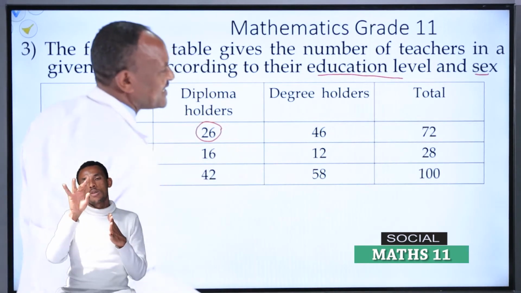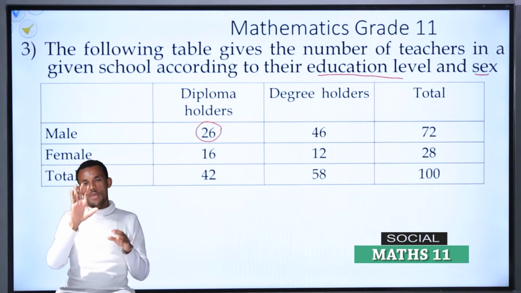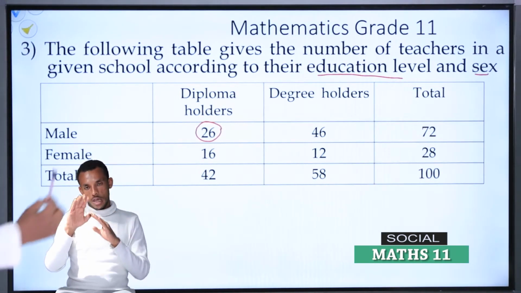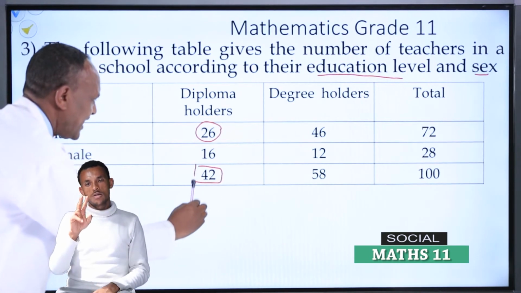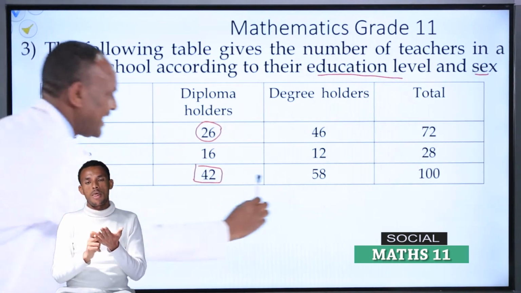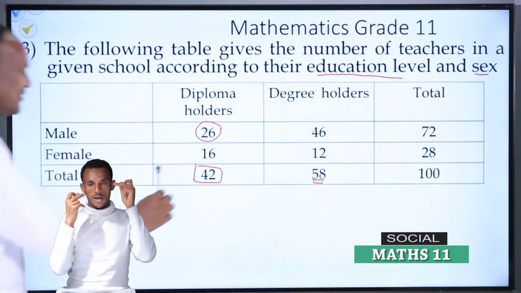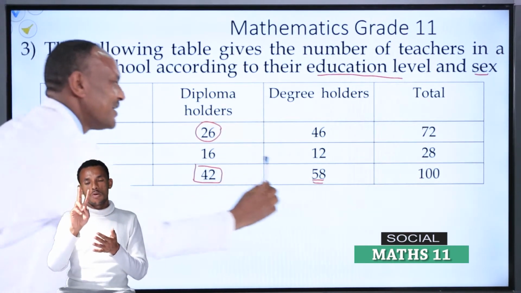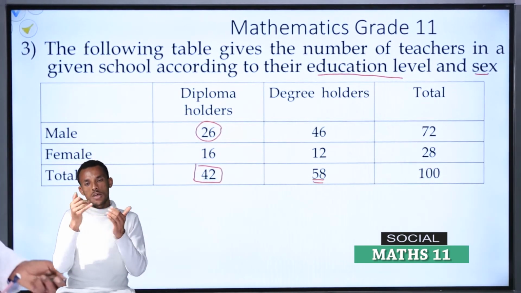How many teachers are there in total? 72 plus 28 gives 100. Or else in terms of qualification, 42 of the teachers are diploma holders and the remaining 58 are degree holders. 42 with diploma plus 58 with degree gives the total number of teachers in that school.